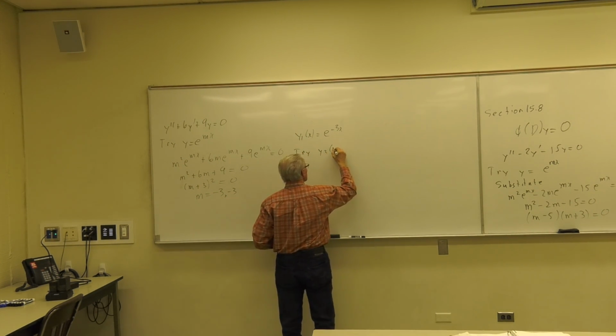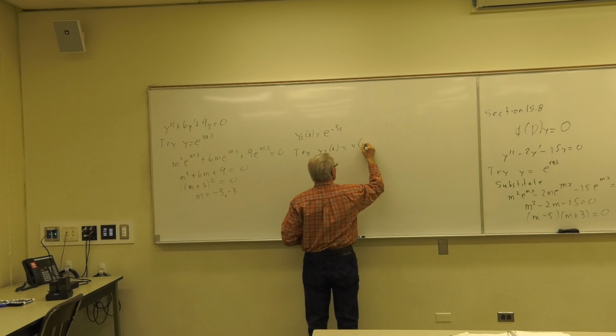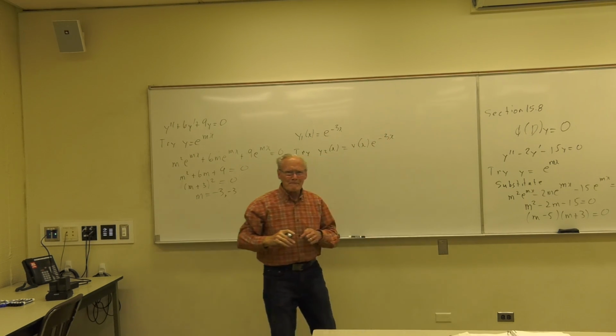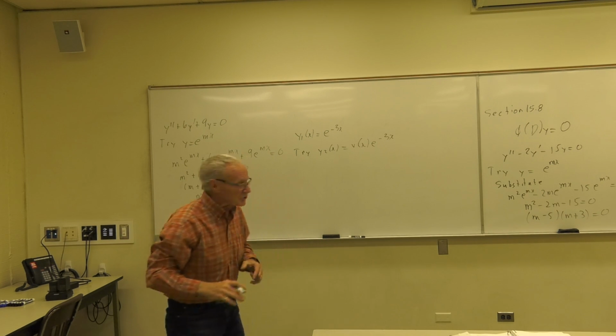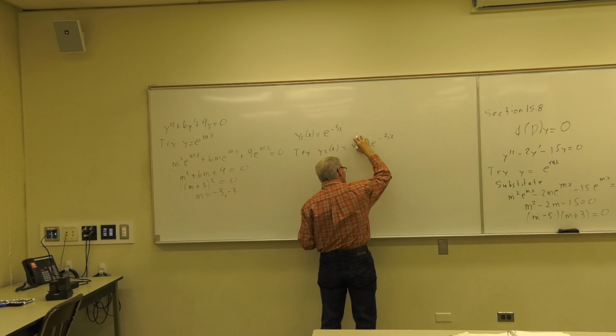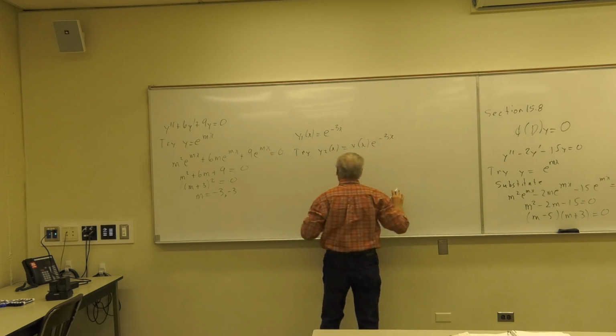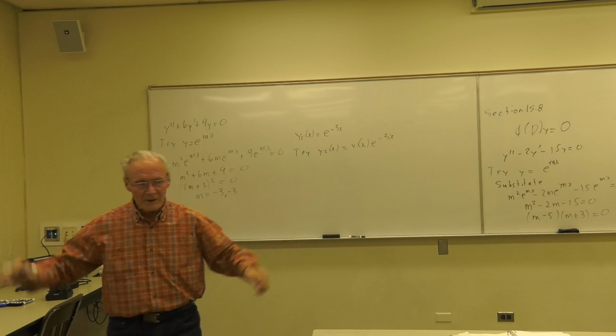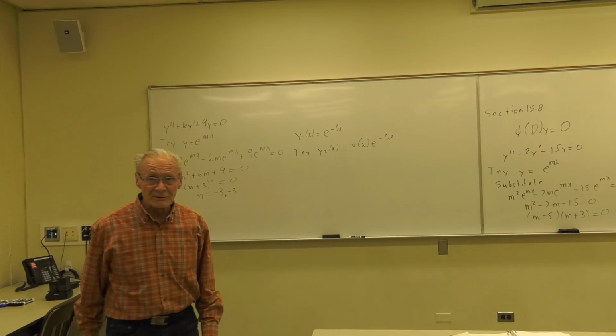Try y2 of x equal to some function of x times this guy. I don't really want to abandon the exponential, so maybe I could find some function to put here so that that satisfies as well. If I find something good, great. If I don't, give it up and try something else.